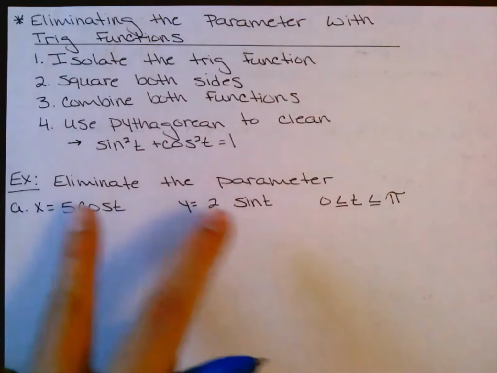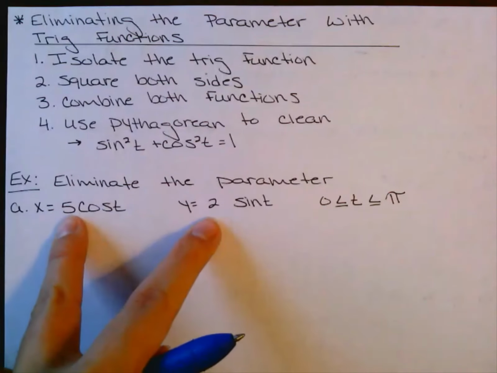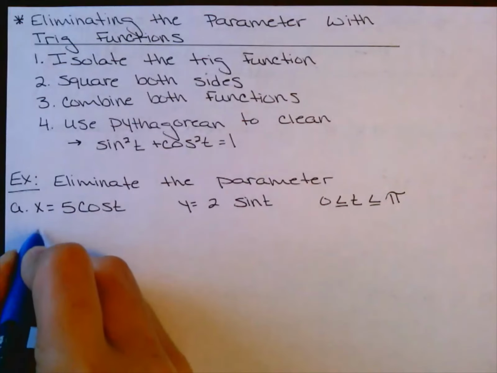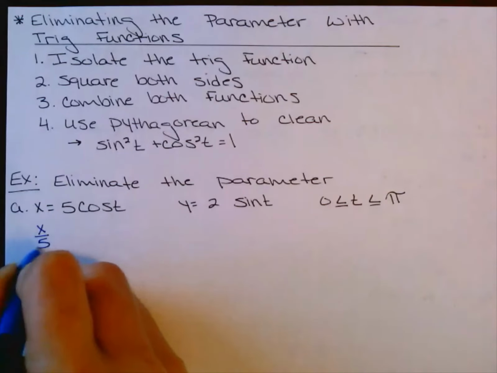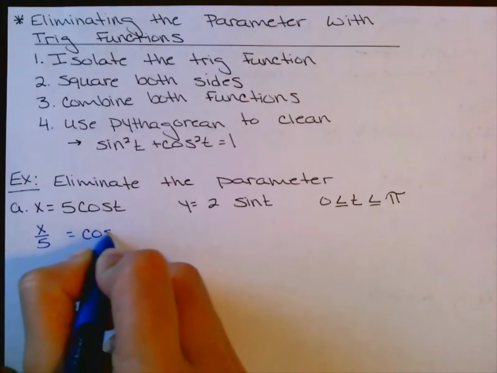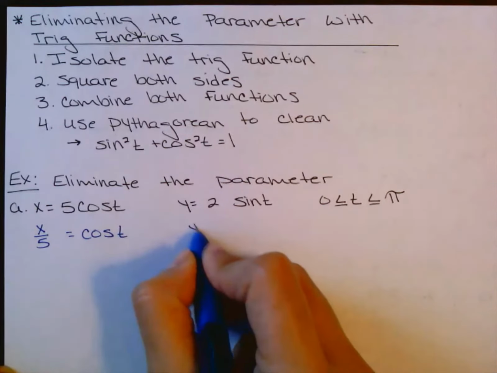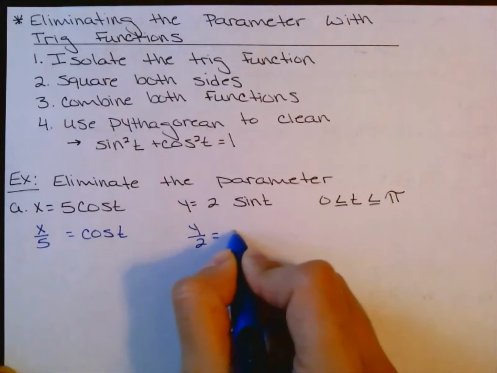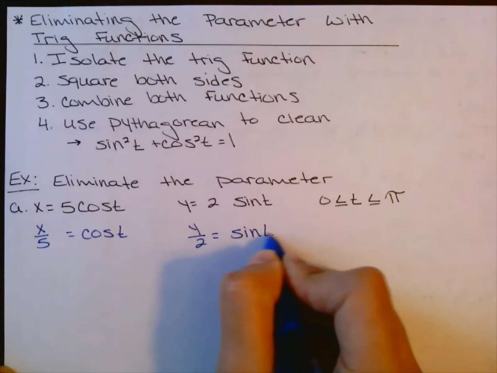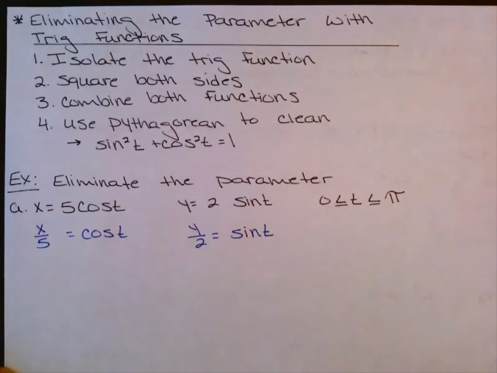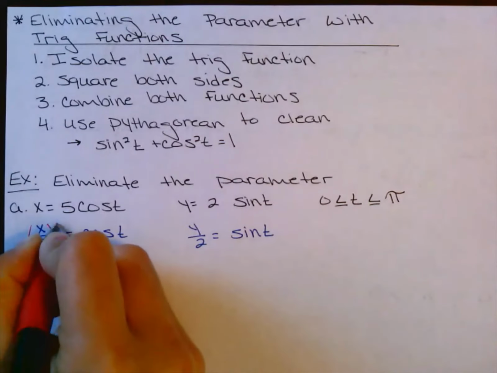If I want to isolate the trig function, I need to divide this 5 and this 2 over. So then I can say x over 5 equals cosine. And then here I could say y over 2 equals sine. Step 2 says to square both sides. Let's go ahead and do this in a different color.